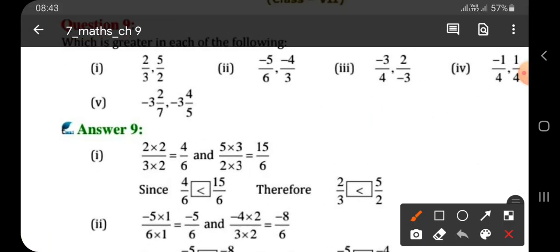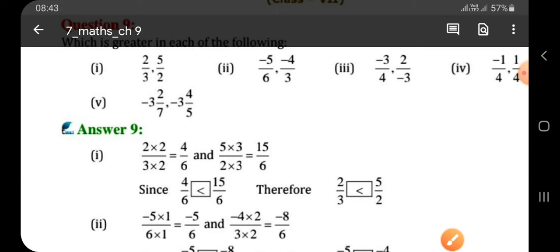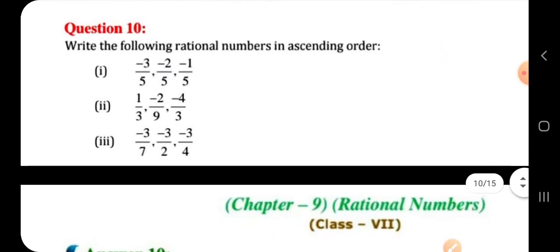So try to make 6 in the denominator. Multiply the first fraction by 2 and the second fraction by 3. So you will get 4 upon 6 and 15 upon 6. So 4 upon 6 is smaller than 15 upon 6. In short, 5 upon 2, or 15 upon 6, is greater. Understood? Repeat this for each and every example. Remaining examples are in the homework.